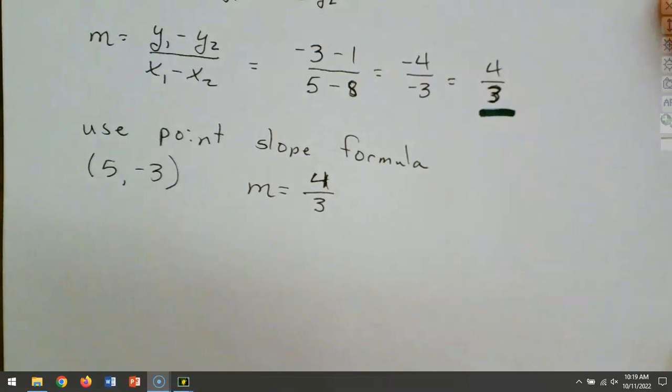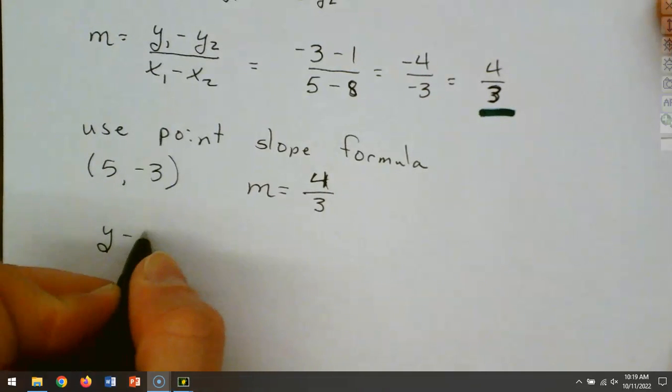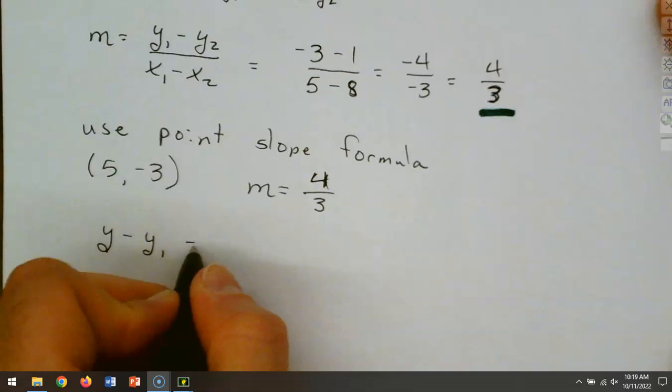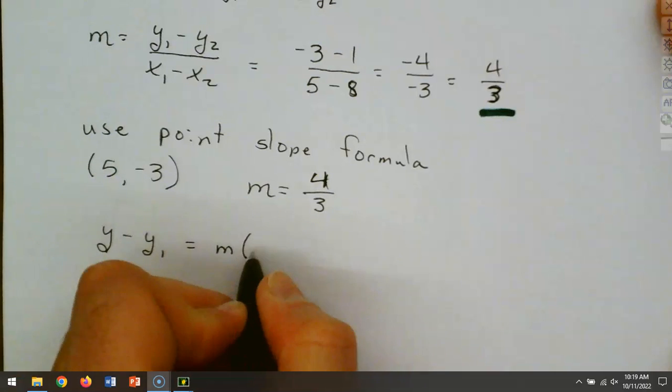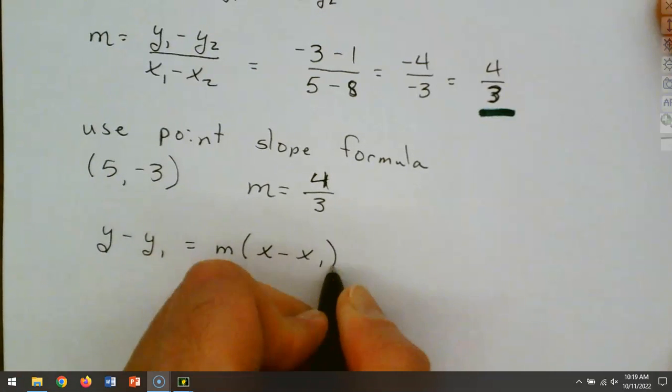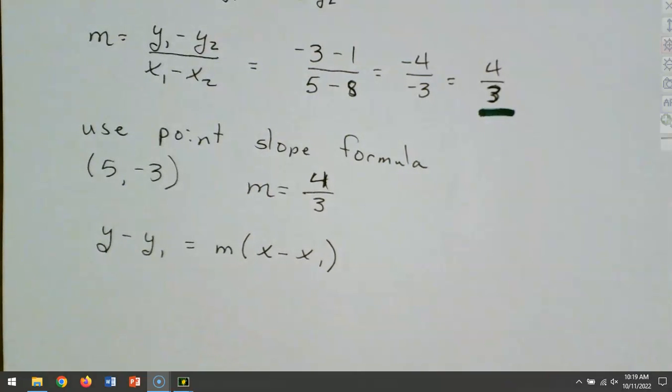Okay, so now we apply our point slope formula, which is y minus y1 equals m times x minus your x1. Okay, so here's that part. What's next here?